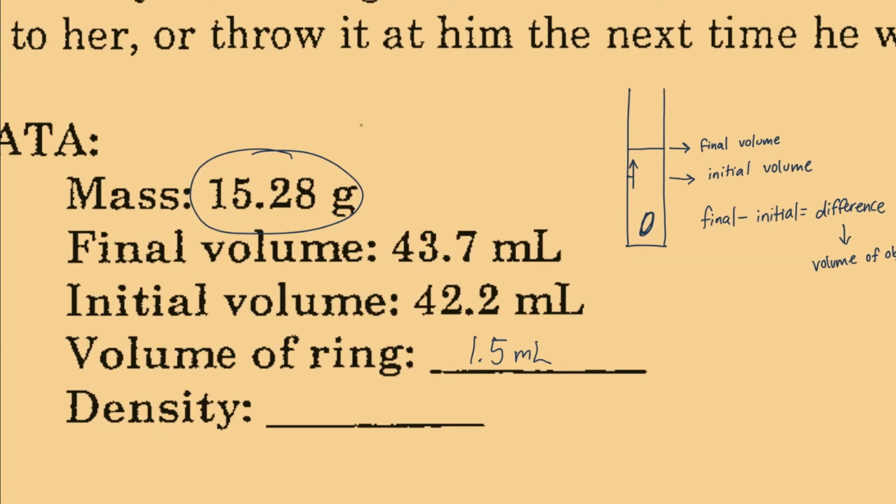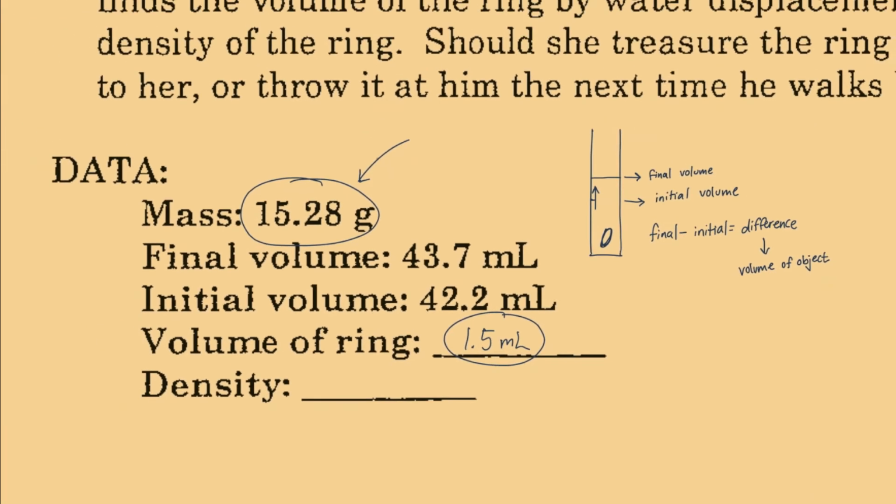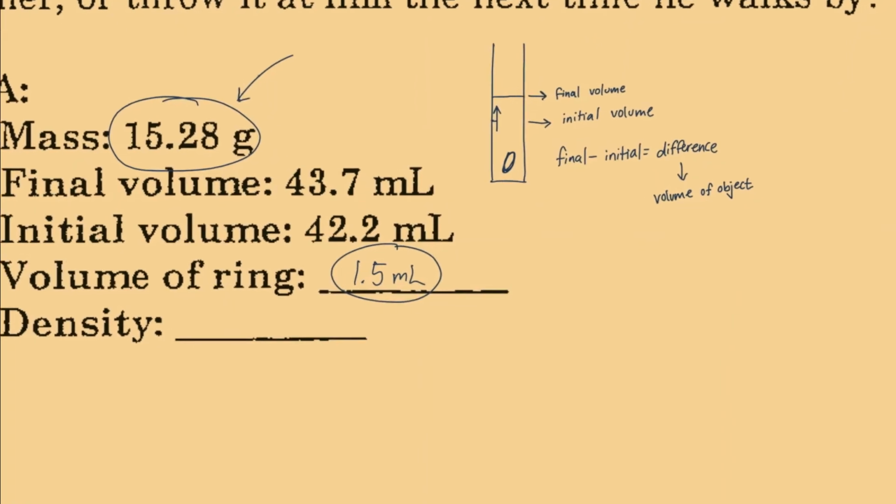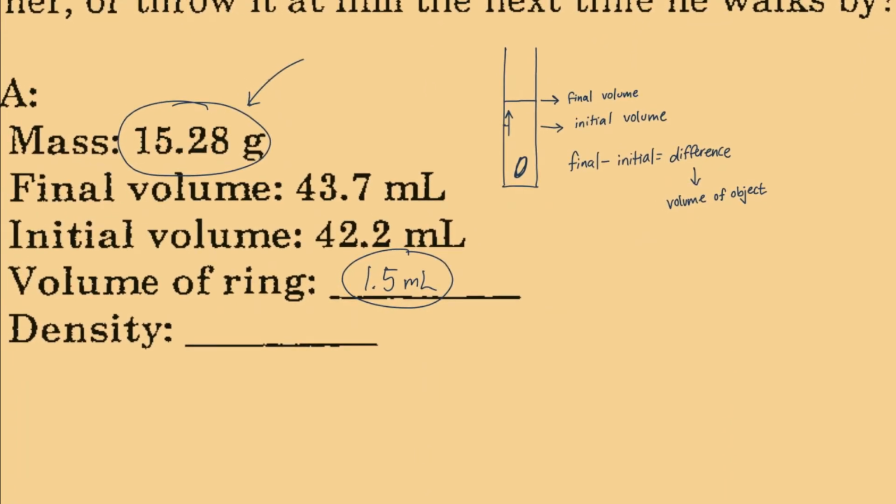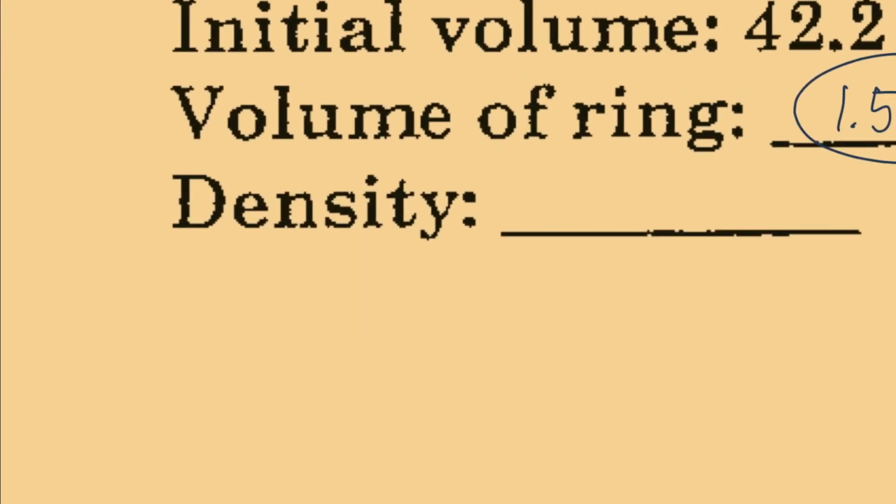1.5 milliliters. Well, now we know the number of milliliters, or the amount of space that this ring takes up, and we also know the number of grams that it is heavy. So if we want to find the density of this ring, let's remind ourselves what density is. What is density?